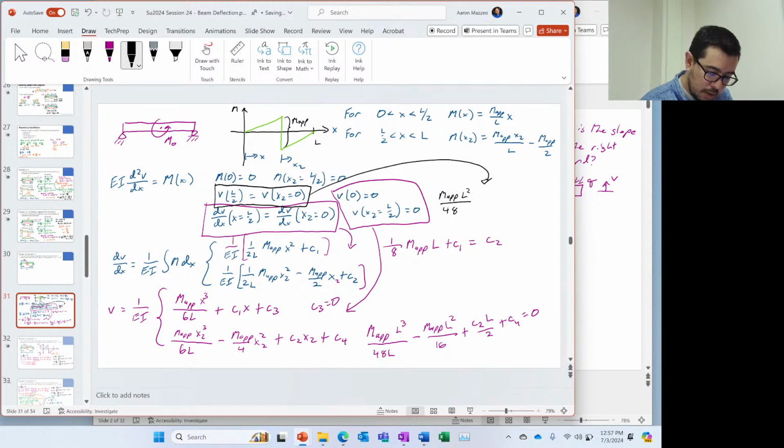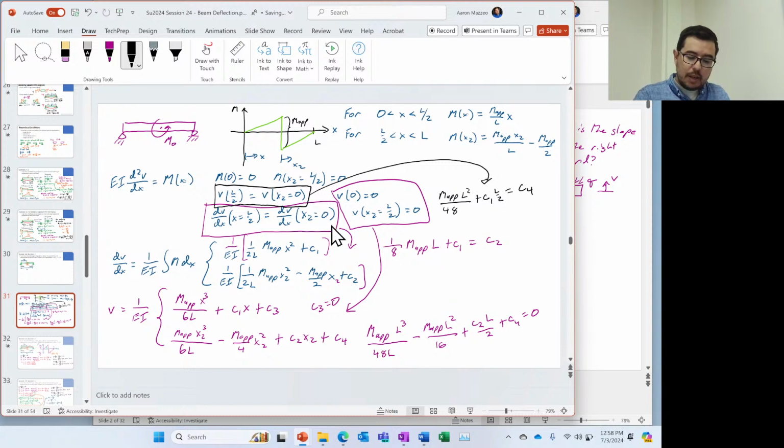And then plus C1, we know C3 is equal to 0, okay, is going to equal, now we have an opportunity to plug in, this is 0, these all are 0 but this, equal to C4, okay.